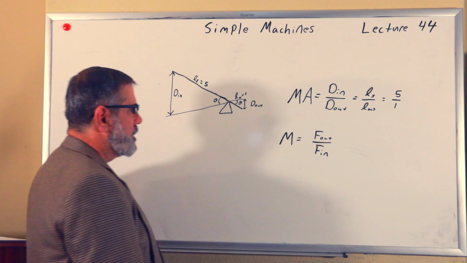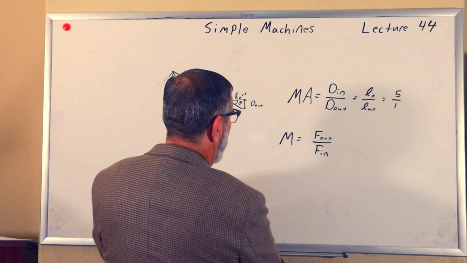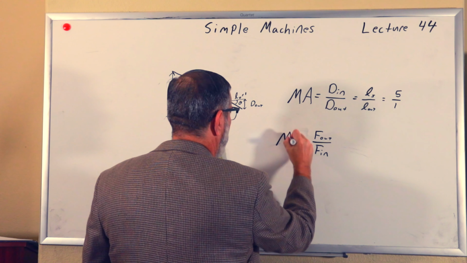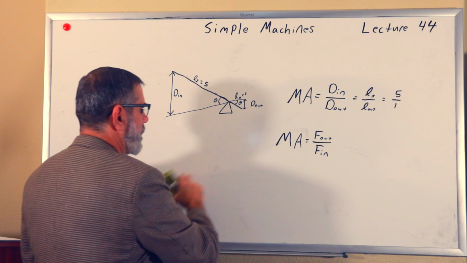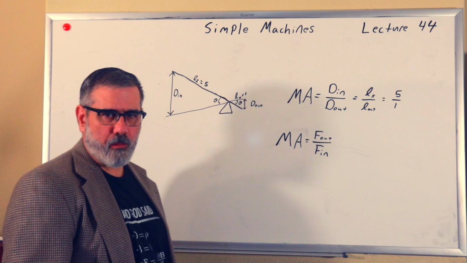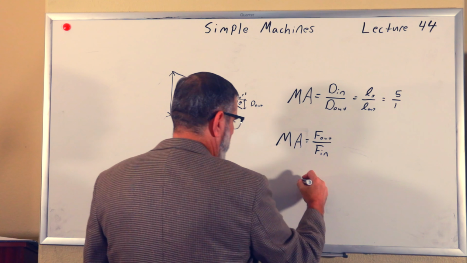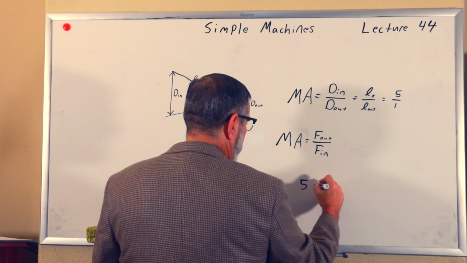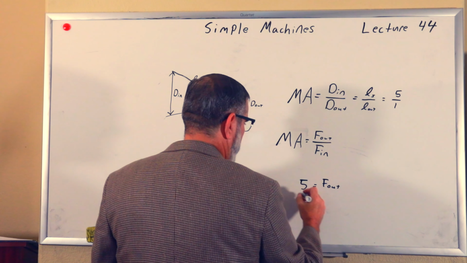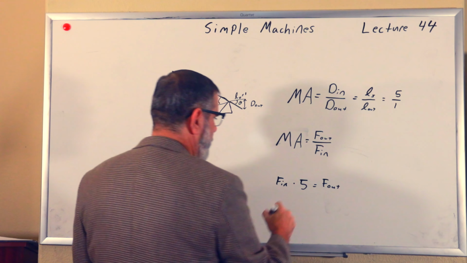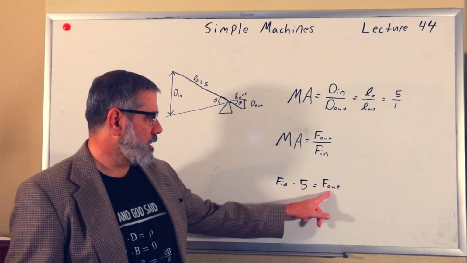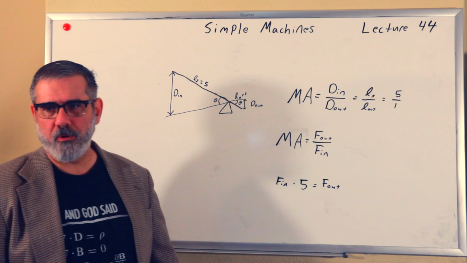I should have put MA equals. So with this 5 to 1 mechanical advantage, I can multiply both sides by F in. That tells me that the force on the output side is 5 times the force on the input side.